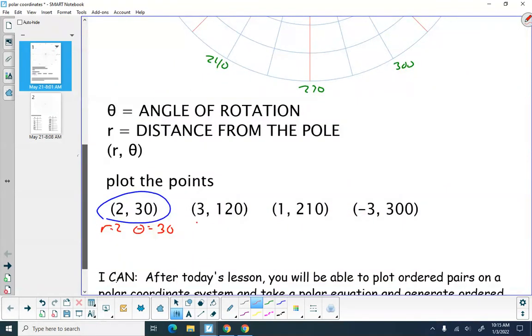Okay, go ahead and plot the next 3 points. Check your answers and locations with somebody around you.